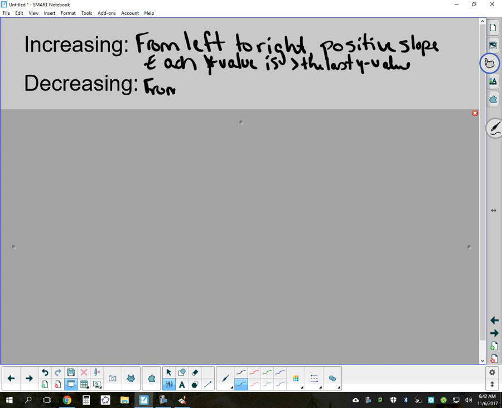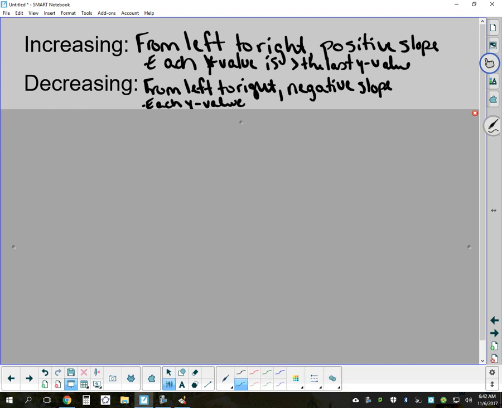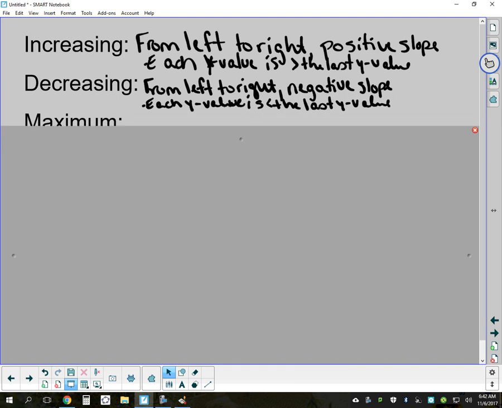So going from left to right, because we always read our graphs from left to right, there would be negative slope. And each y value is less than the last y value. And again, that is making sure you're going from left to right.